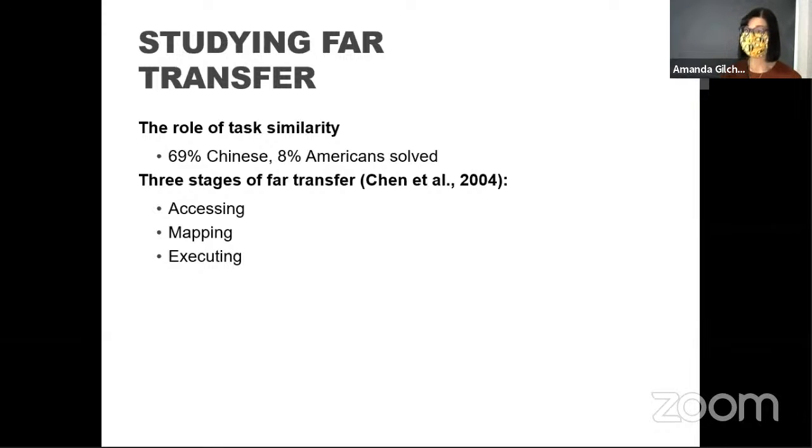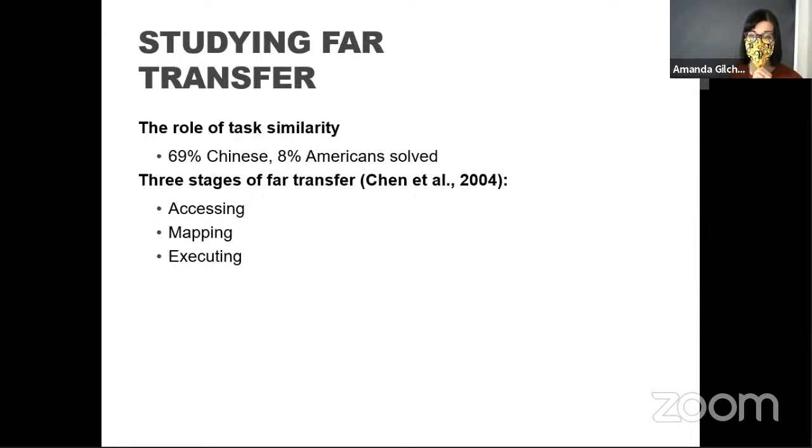So when Chen and colleagues gave this problem to both people in China and the United States, 69% of people in China were able to solve the problem because they have a story that exists that can be mapped onto the current problem, but Americans do not. And as a result, only about 8% of Americans actually solved the problem.